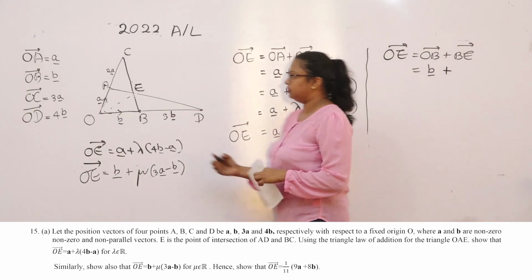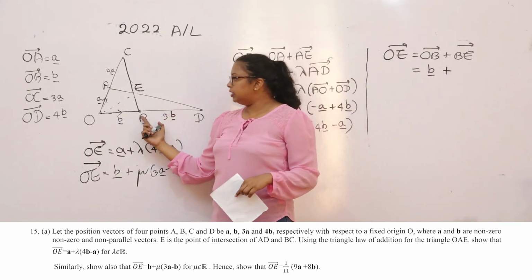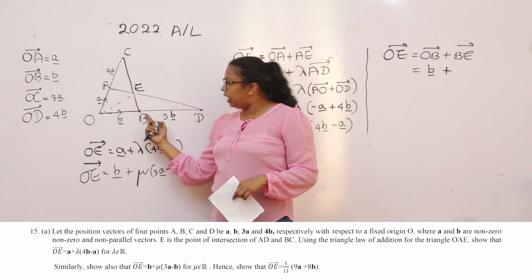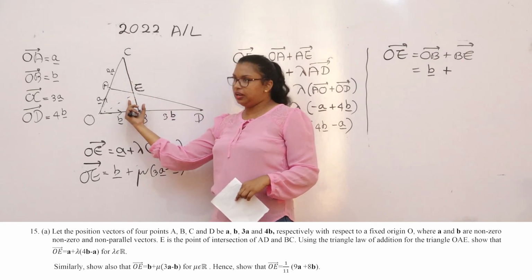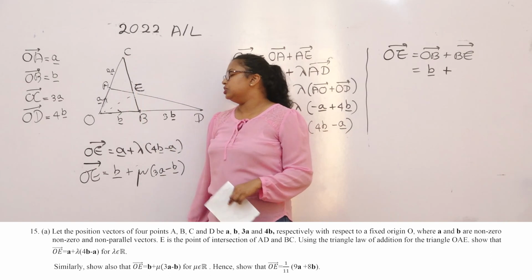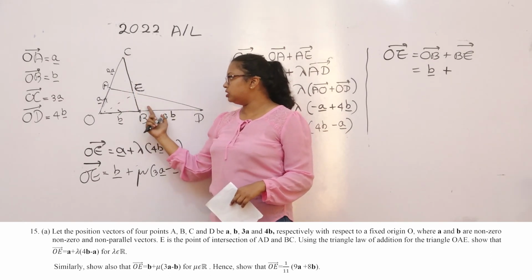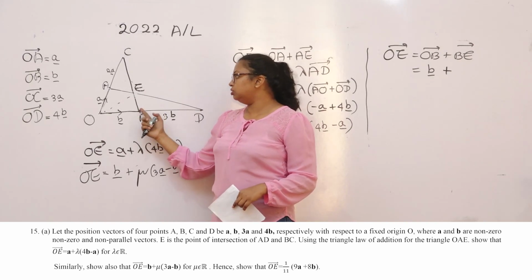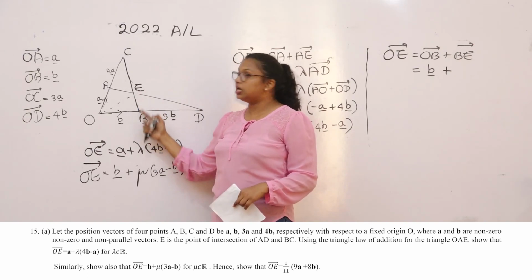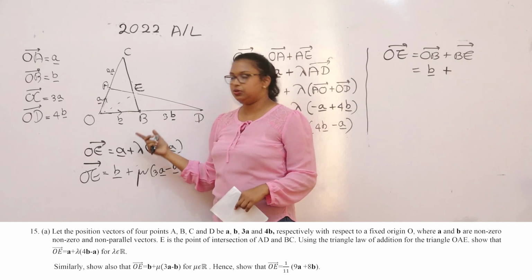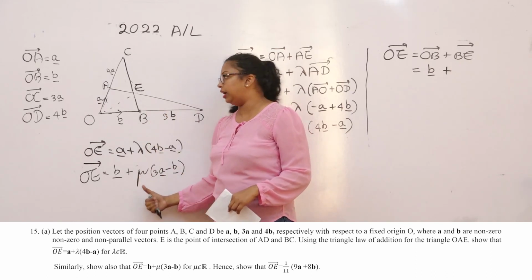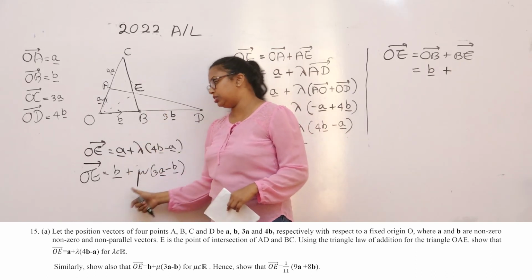What about BE? Observe that BE is on the line BC. BE is a part of the line BC. So I will use a scalar, a ratio fraction, to write BE in terms of BC. We don't know the ratio, therefore I will just use mu. I am targeting my question, that's why.